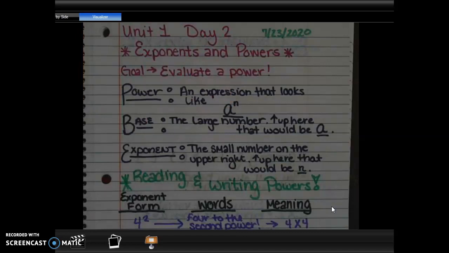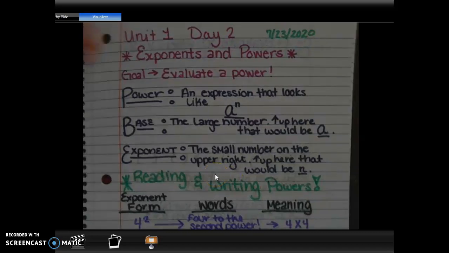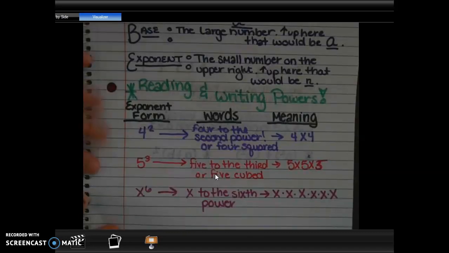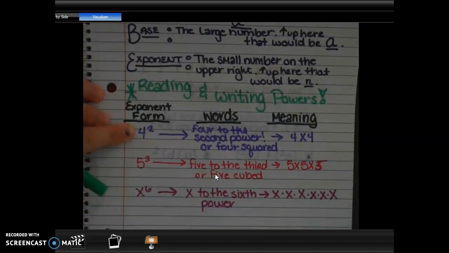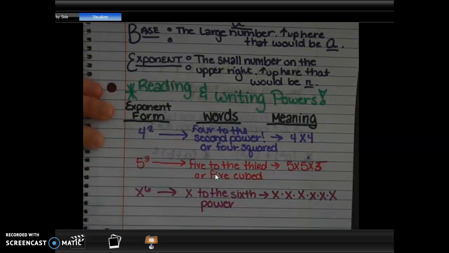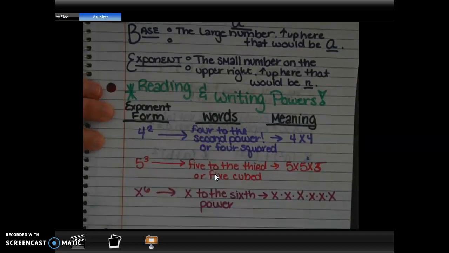Now, there's a way that you can read and write these powers. So let's discuss that. So reading and writing the powers. So this right here, we have a 4 as our base and a 2 as our exponent. And there's 2 ways you could say this. You could say, oh, it's 4 to the 2nd power, or the most common way to say it is 4 squared. So anytime you have a little 2, it's whatever squared. This little 2 means squared.